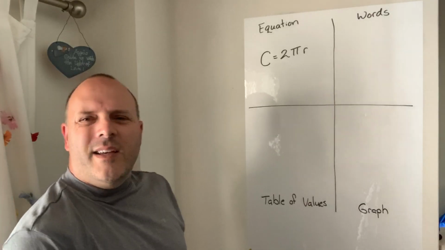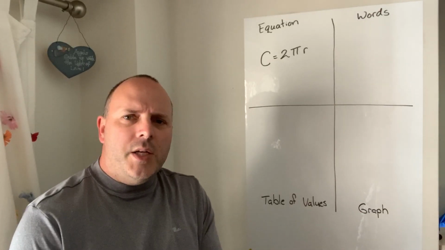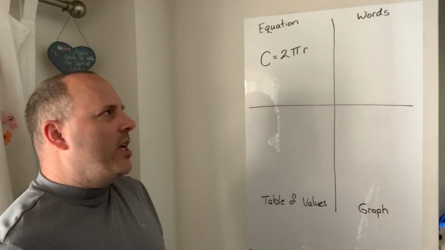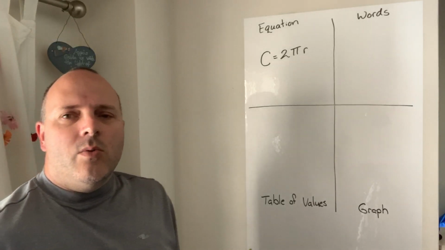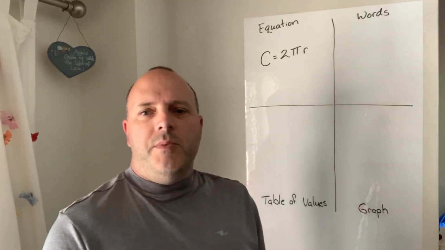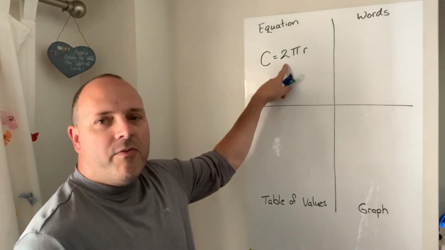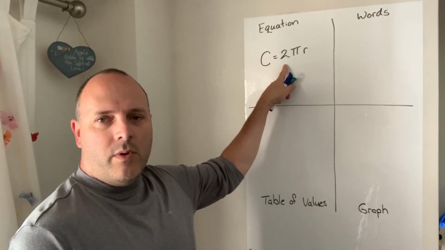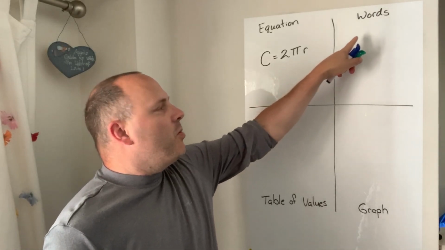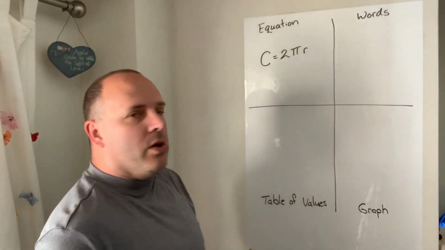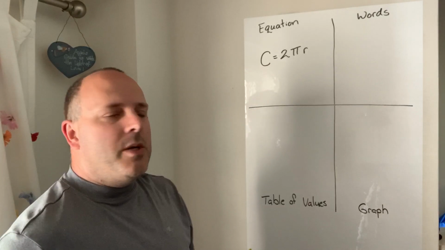Now, is that a linear relationship? I don't know, let's investigate it a little bit. We like to represent relationships in 4 different ways when we can. We like to try to write a formula or equation for the relationship. We like to represent the relationship in words. So we know this relationship in words.